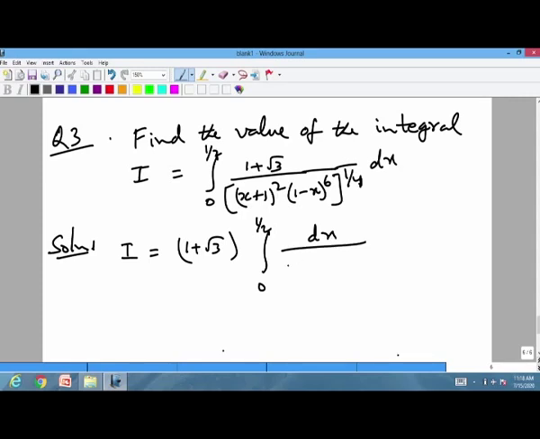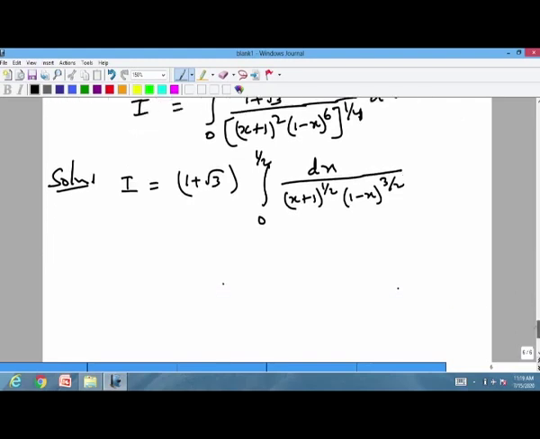So, that will become (x plus 1) raised to power half times (1 minus x) raised to power 6 by 4, so that is 3 by 2. Note that in this range 0 to half, 1 plus x and 1 minus x are both positive.